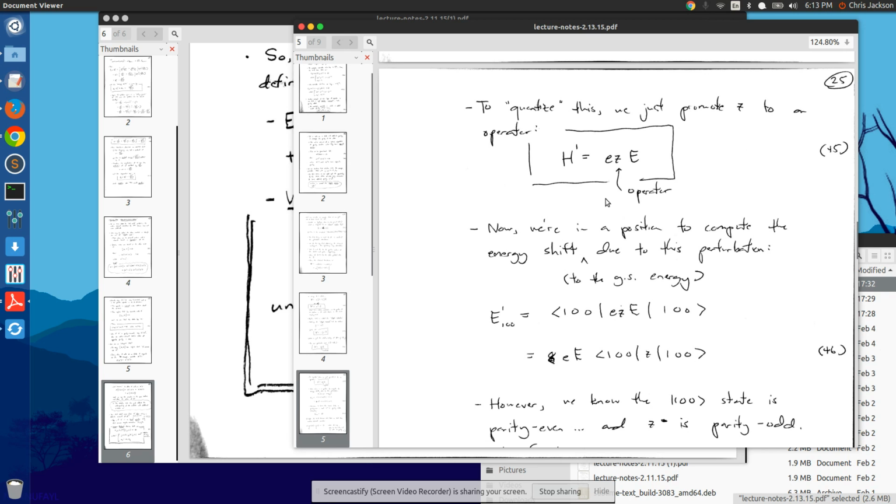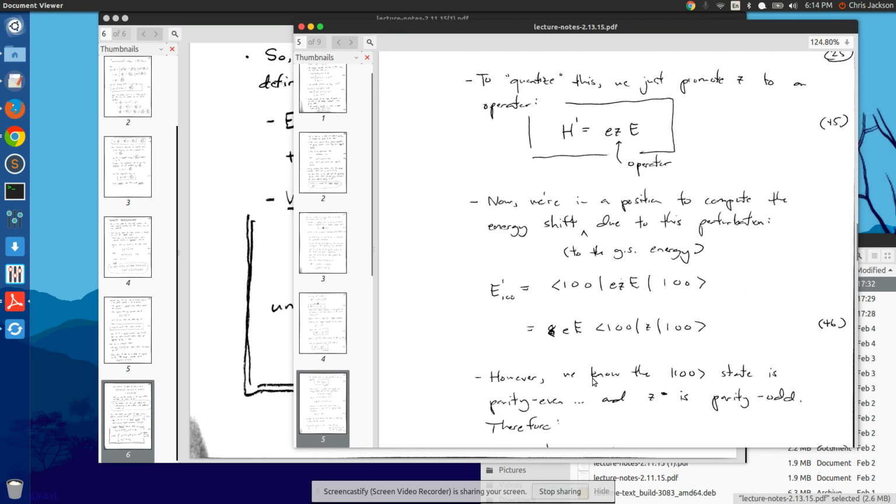Remember, the first order correction is just the perturbation Hamiltonian sandwiched between the unperturbed states. Little e and big E are just constants, so we can pull those out, and I have the matrix element here of z between the 1, 0, 0 states.